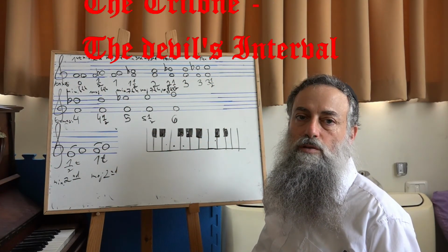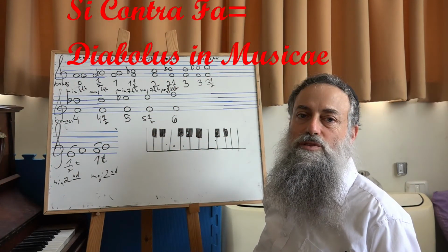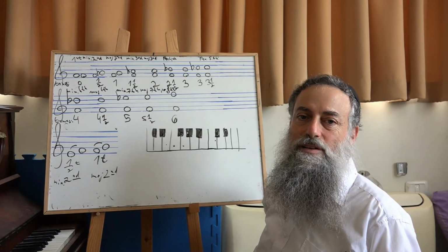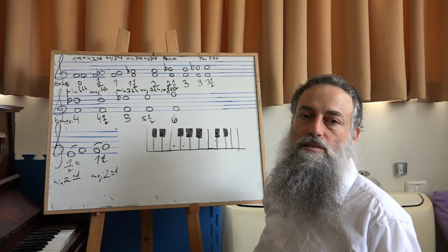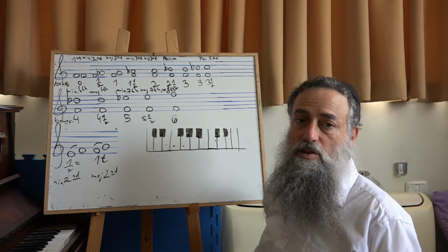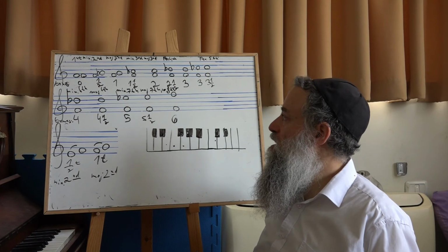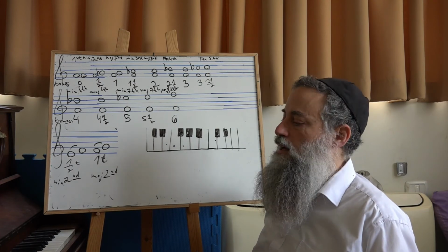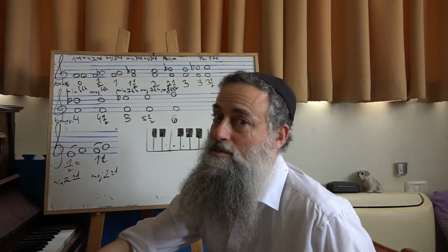There was even a proverb, si contra fa, diabolus in musica. F against B is the devil in music, and it was forbidden to write it, especially harmonically, because mathematically it's queer. And I think what's even queerer is that it really sounds odd.